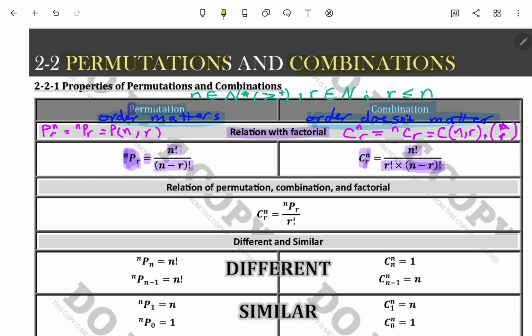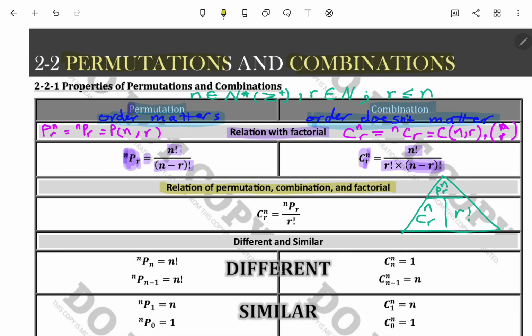Now, let's go to the relation of permutation and combination and factorial. We can discuss it in this nice triangle, including here up n permutation r, and in this box n combination r times r factorial.